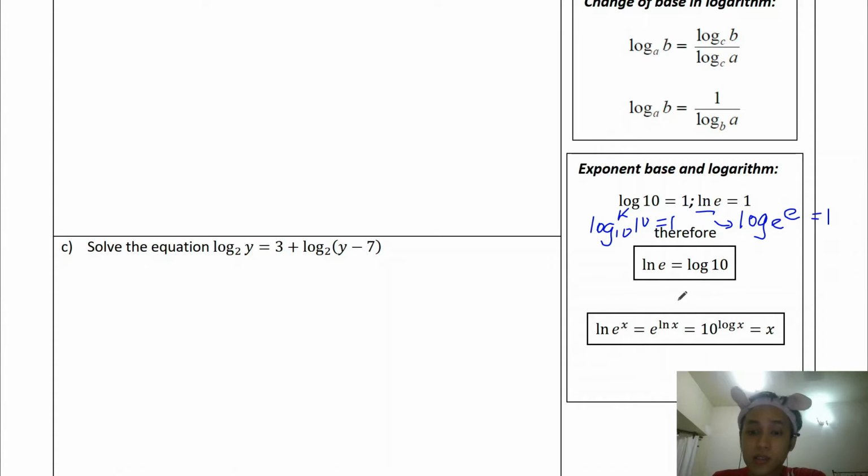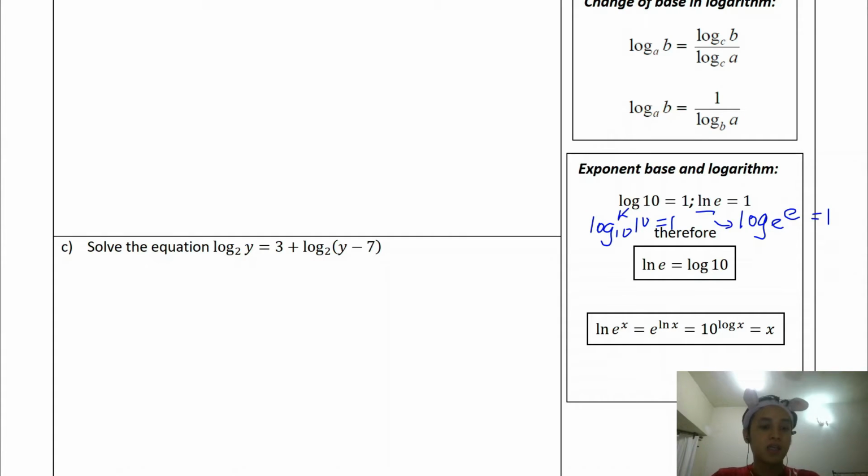This is also another important relationship that you must know: when you put a ln in front of an exponent, you'll get back the x value. Let's say for example, if I punch in my calculator ln, and then you should be able to get your e, ln e to the power of 5.